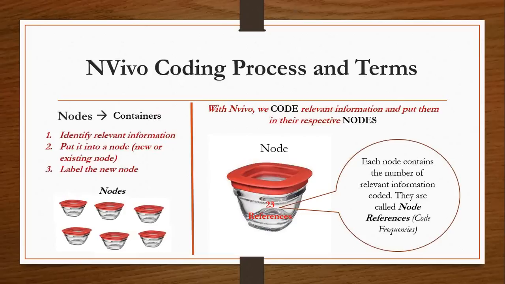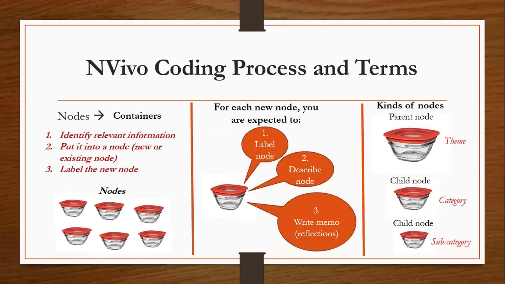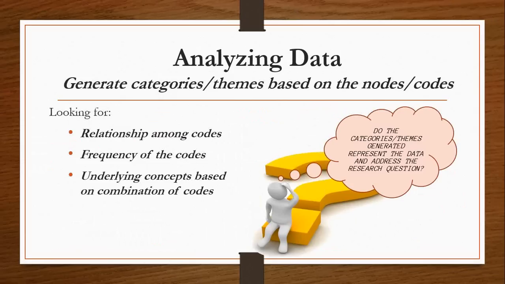And then you label the containers, and sometimes you have to describe what the container is all about, and sometimes you have to write a memo. A memo is more of a personal reflection or reminder, or any information that comes to mind that you want to document so that you can go back and refer to it.